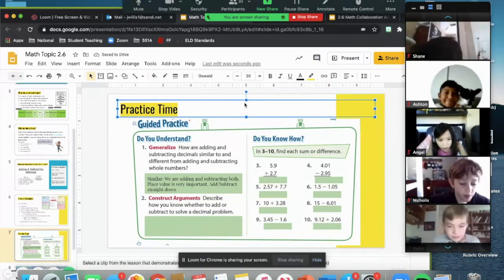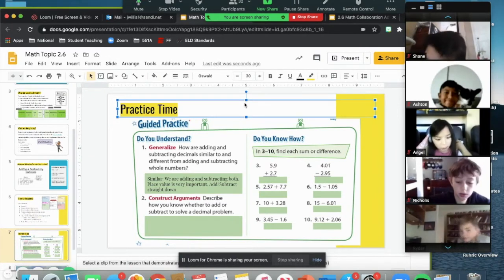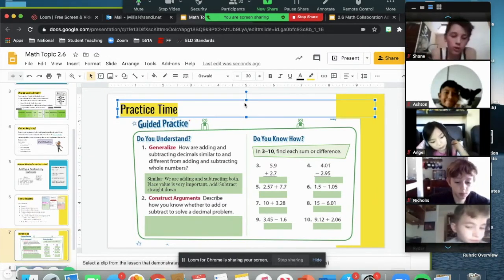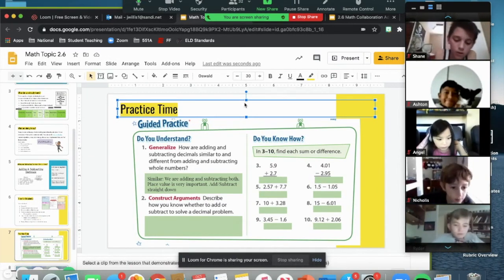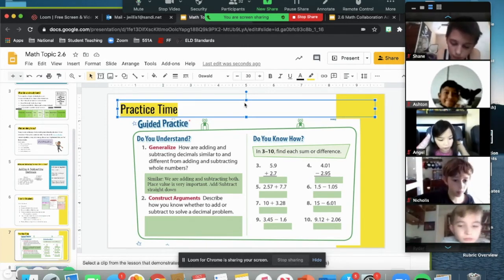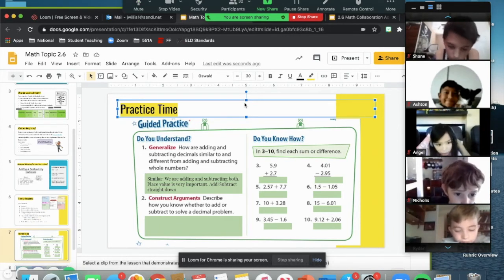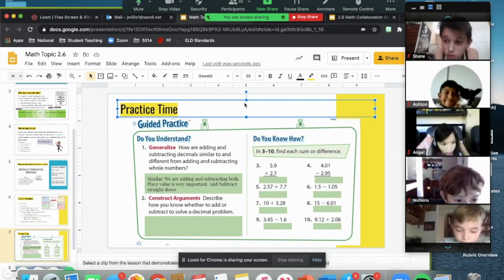That's the most crucial part of using standard algorithm. You could do it the same way if you weren't using decimals, just adding straight down. It's the same way when you're using whole numbers versus when you're using decimals.